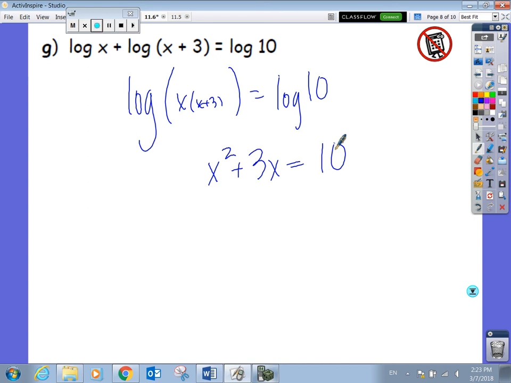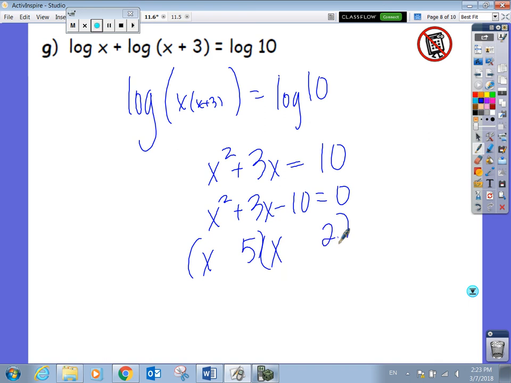Now, we can't do anything at this point. We have to factor. So subtract that 10 and get 0. You can use the quadratic formula. I personally would not ever use it if I don't have to. That's way too much work for a simple factoring problem like this. And we get x equals negative 5 and 2.